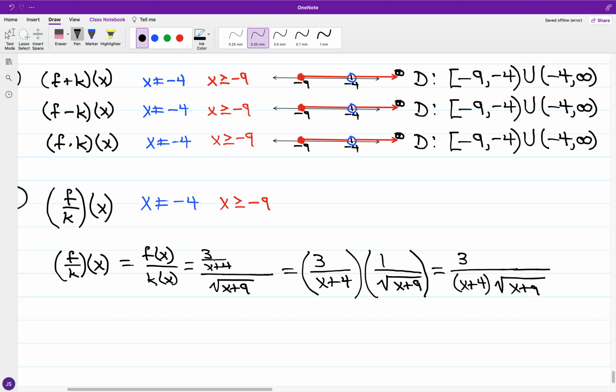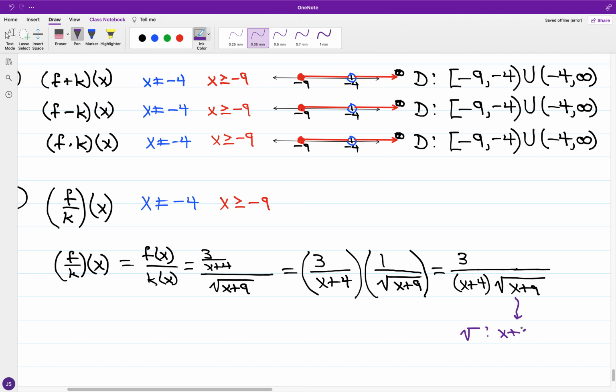And if you notice, we had 3 over x plus 4, so x cannot be negative 4. Now we've got the square root of x plus 9, so you have x is greater than or equal to negative 9. But now you've got the square root of x plus 9 also in the denominator position. So now there's going to be another restriction.